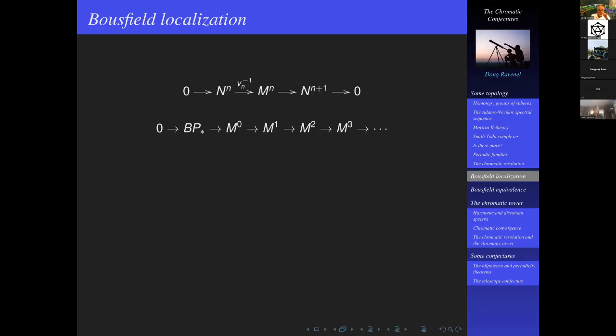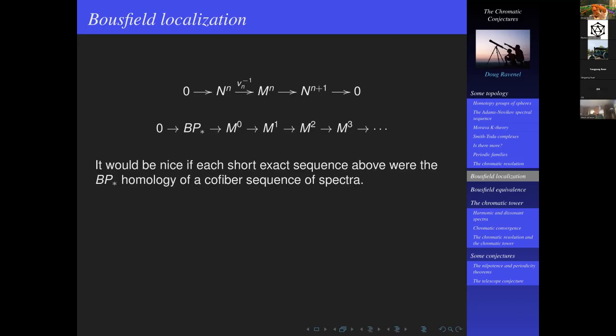So here again are the short exact sequences that can be spliced together to give you this long exact sequence, which leads to this interesting algebra. And it would be nice if each of those short exact sequences were the BP homology of a cofiber sequence of spectra. It would be nice if such things existed.